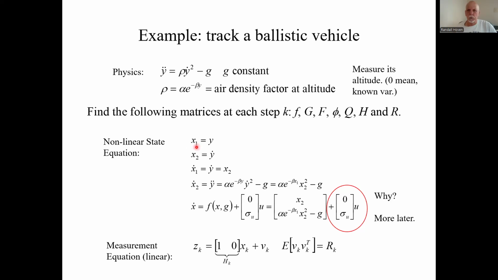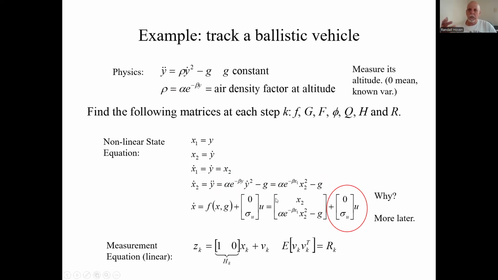We'll say x1, the x1 state variable, is y itself. x2 is its velocity. So x1 dot is x2. x2 dot is y double dot, which is this mess where I plug in this rho up here, which is all that. In terms of my state variables, then, it's this.